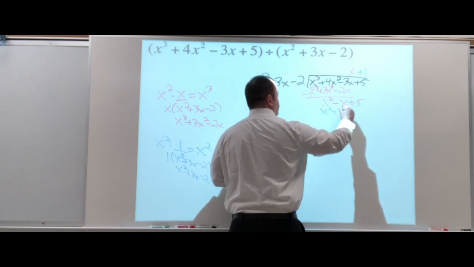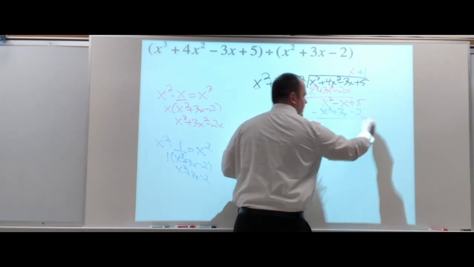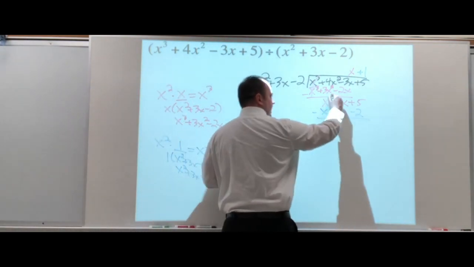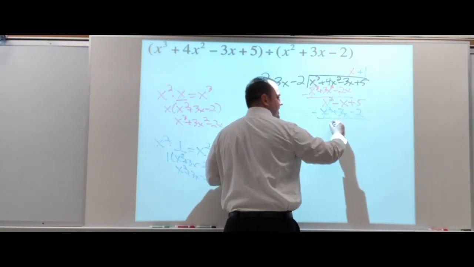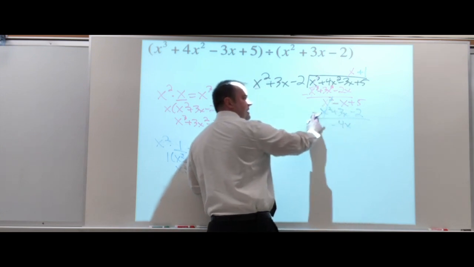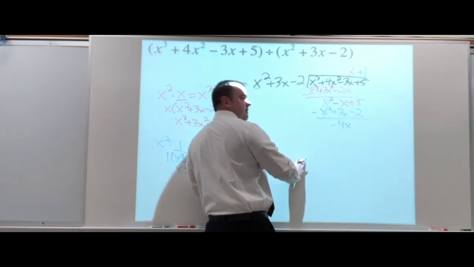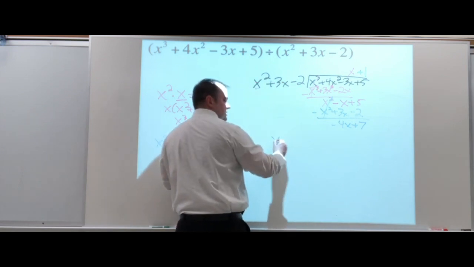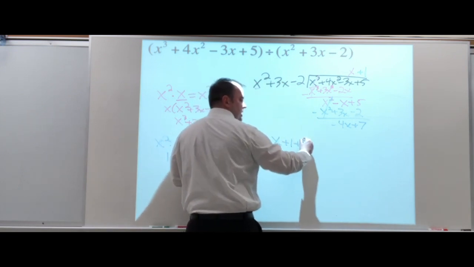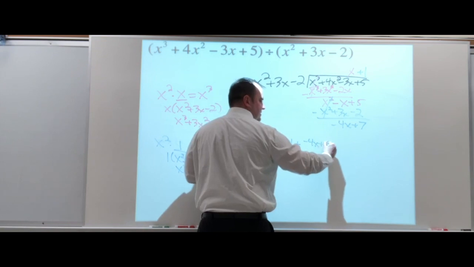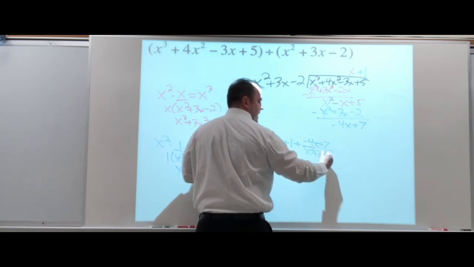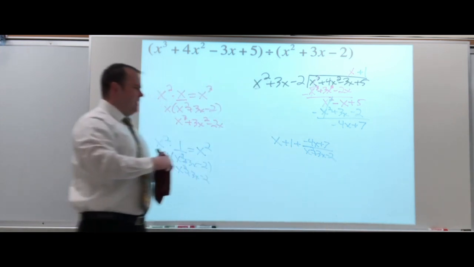And again with our subtraction, the x squares cancel out, which is exactly what we want to happen. Negative x minus a positive 3x gives us negative 4x, plus 7. X plus 1 plus negative 4x plus 7 divided by x squared plus 3x minus 2.